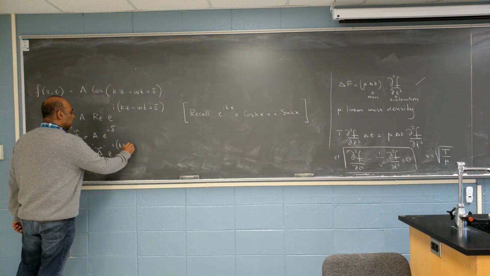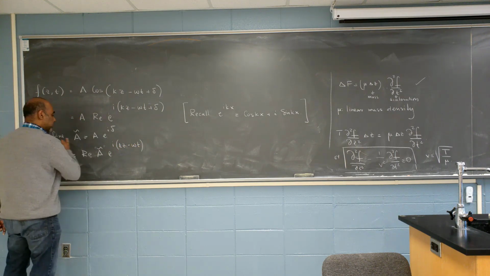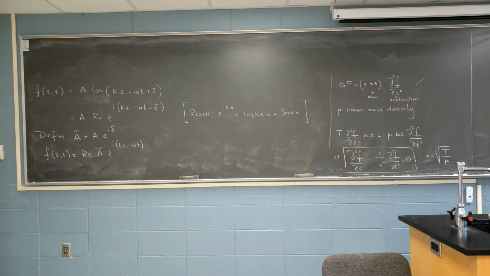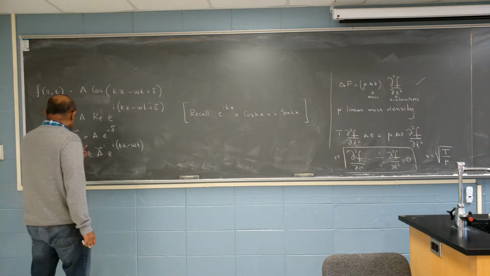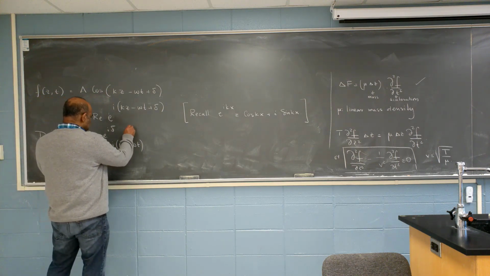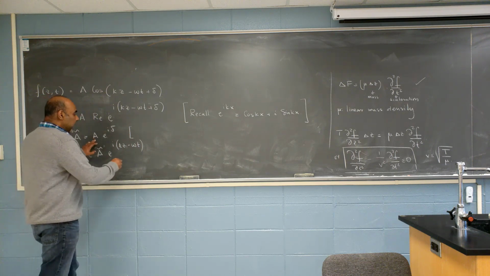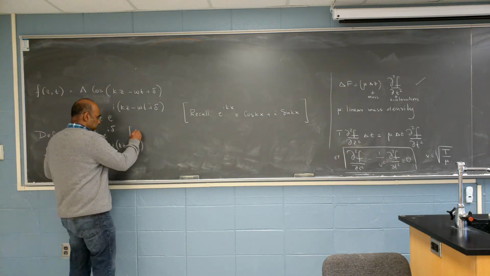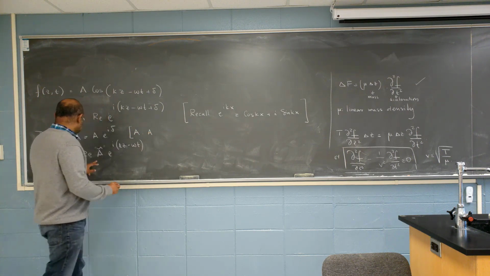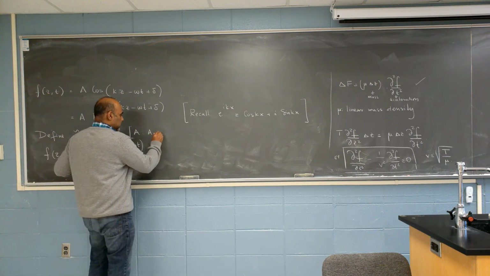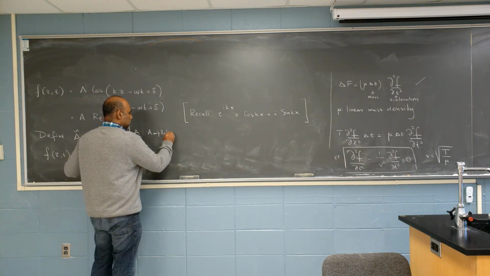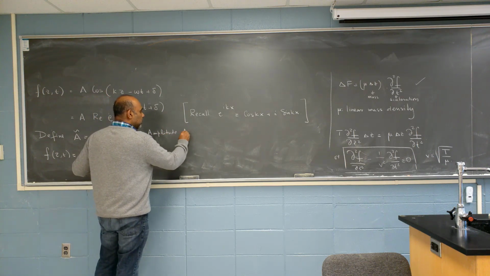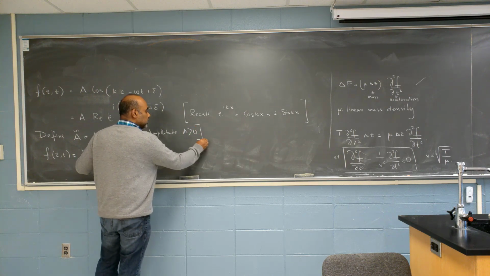See, I got rid of the phase because that's just a constant. Might as well just bring it into the amplitude. Now, all of this is by convention. A is the amplitude, not A tilde, but A is the amplitude. And therefore, we will set A to be greater than 0.